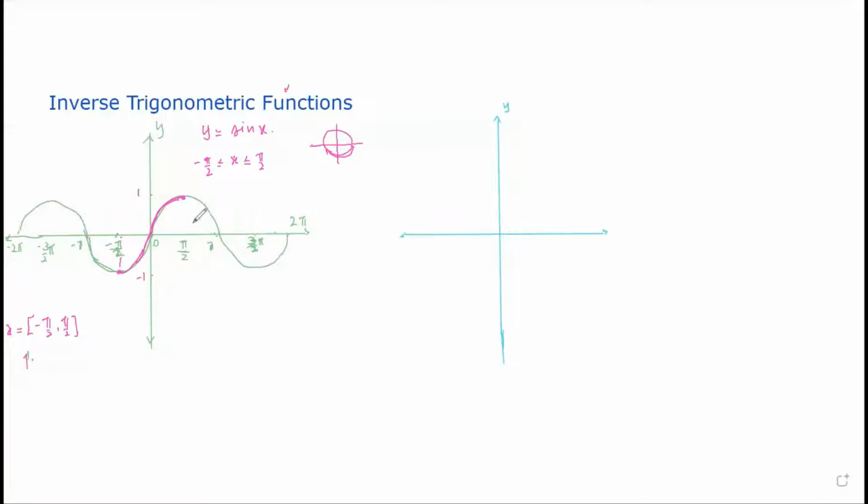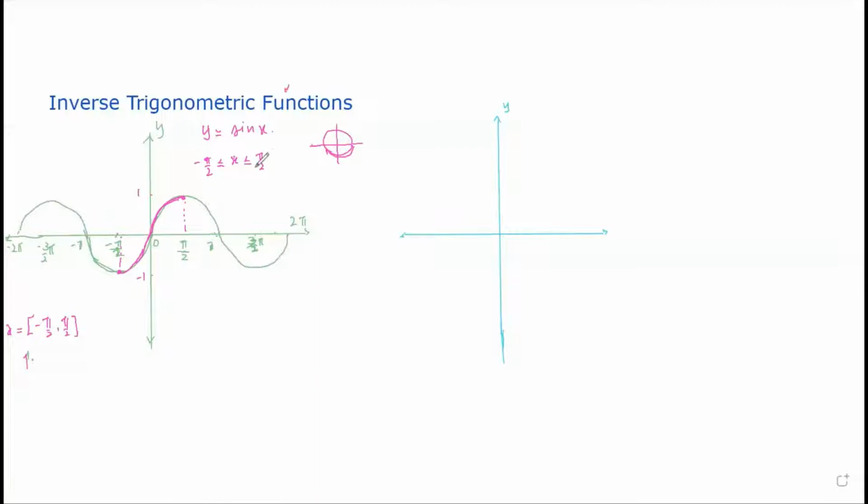The interval for the inverse sine function. So when we restrict the domain to the interval x from -pi over 2 to pi over 2, inclusive, because you see this one has an equal sign, it includes from this to this.